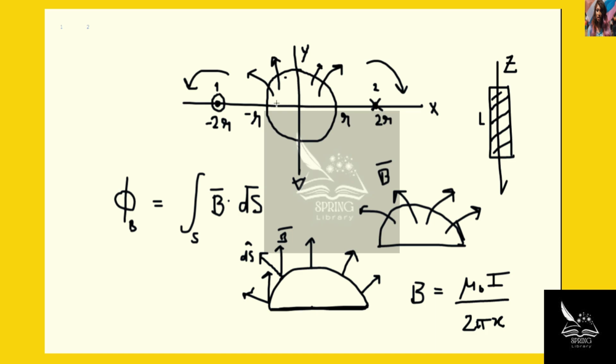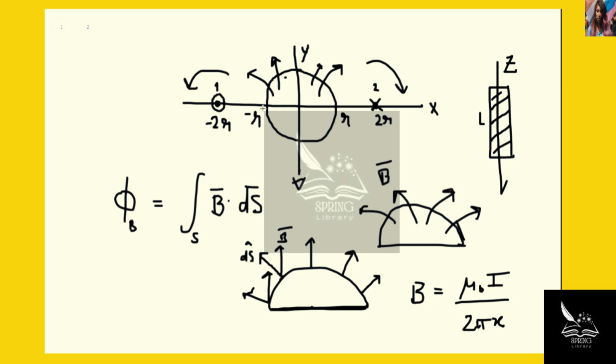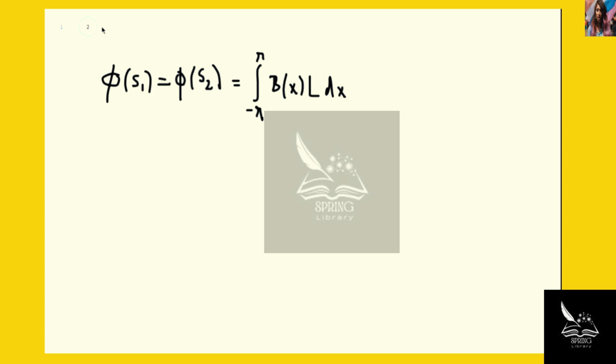So the magnetic field along all of this line is not constant. We consider that the magnetic field is different at each point and integrate over all of that, ranging from minus R to R. And because we have two wires, the result will be twice of this.